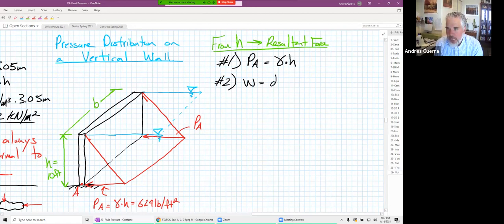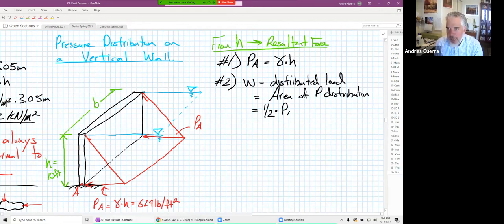W is a distributed load, and it's equal to the area of the P distribution. So for us, that's going to be 1/2 times PA times H.